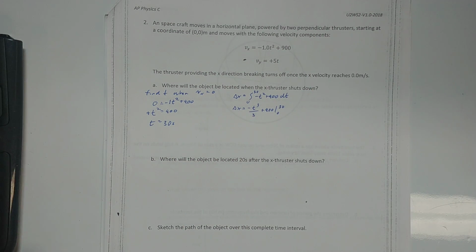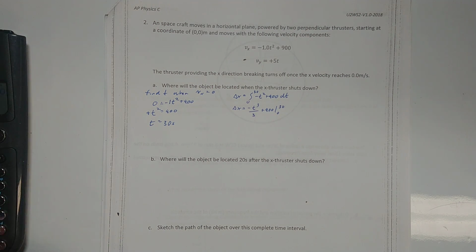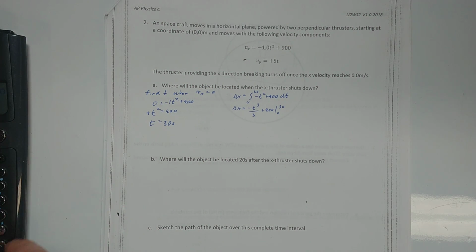All right, so wait a minute. 30 cubed divided by 3 is, what have I done?